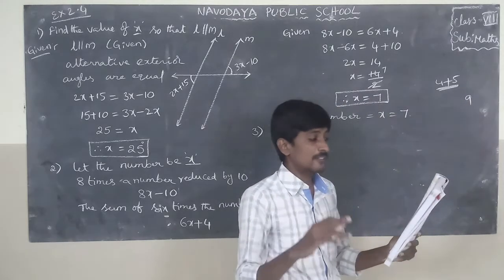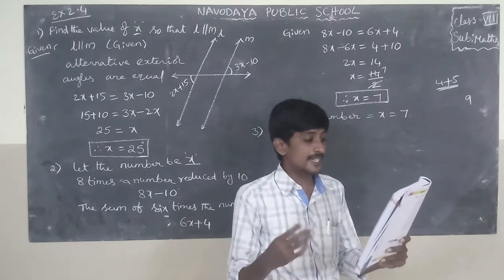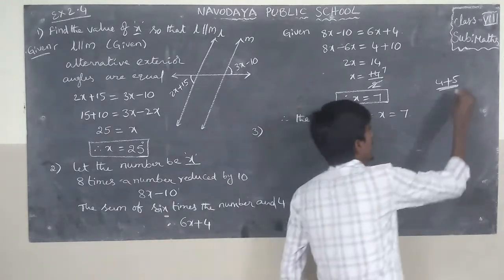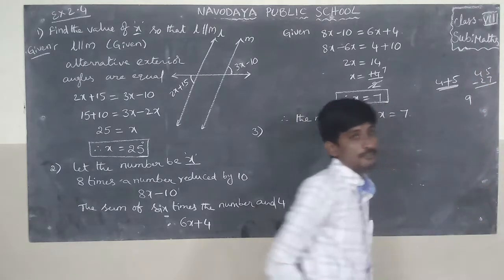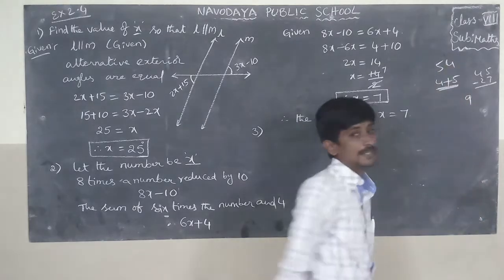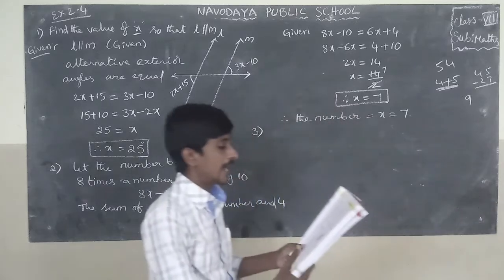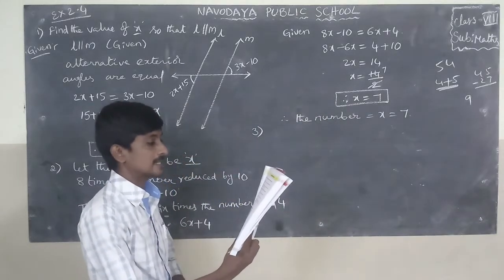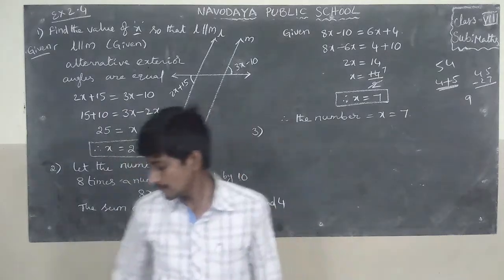And if 27 is subtracted from the number, its digits are reversed. For example, 45 minus 27. Find the number.